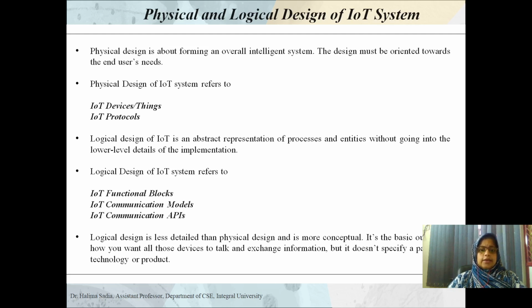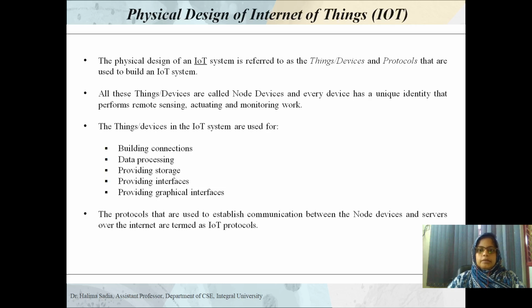The logical design of an IoT system can be termed as an abstract representation of the entities and the processes without going into the low-level specifics of the implementation. The logical design constitutes IoT functional blocks, IoT communication models and IoT communication APIs. The things and the devices along with the protocols are basically the main components of the physical design of the IoT system.